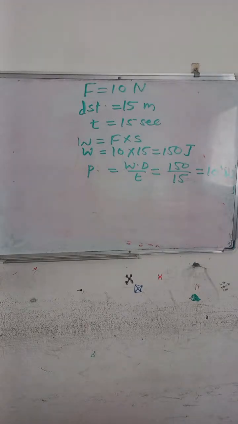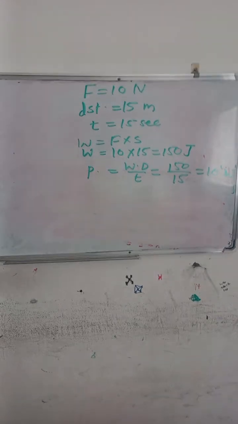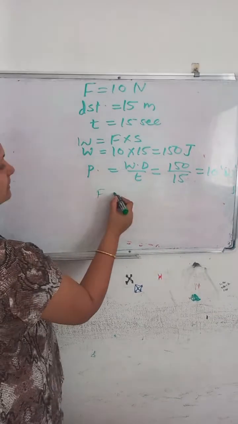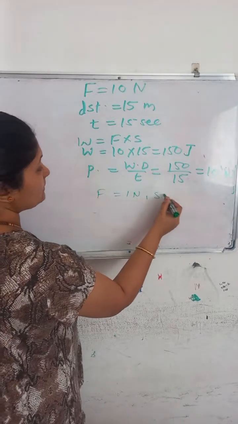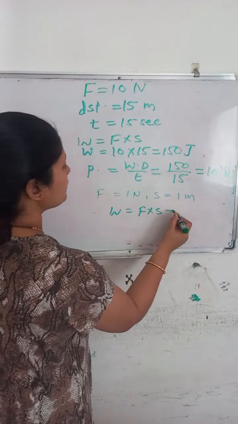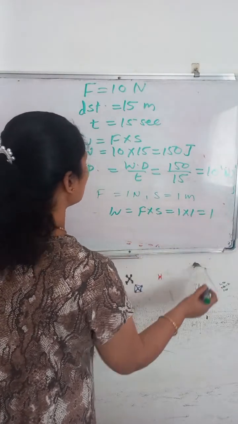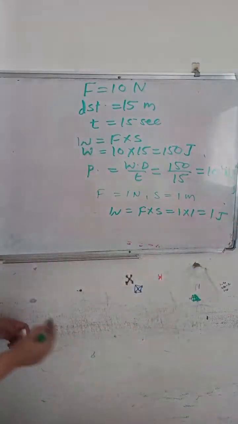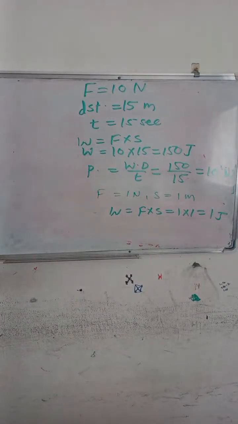So here the option will come 1 joule, because there is a force of 1 Newton. So I am applying force F is equal to 1 Newton and displacement is also 1 meter. So total work done is nothing but force into S, that is 1 into 1 is equal to what? 1 joule. So option C is the correct option.